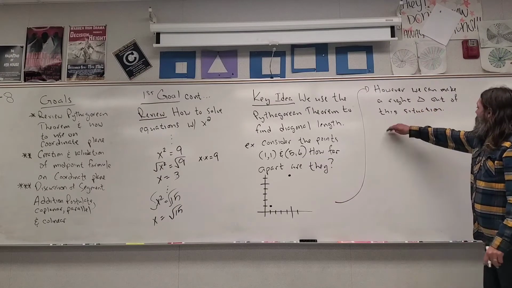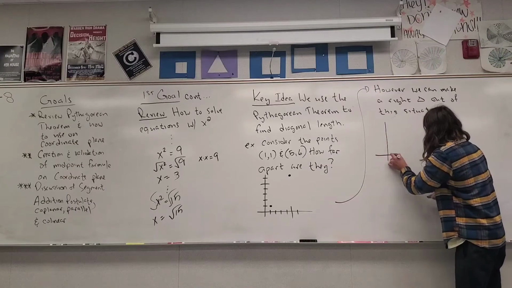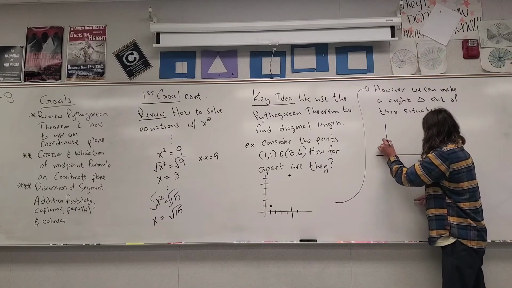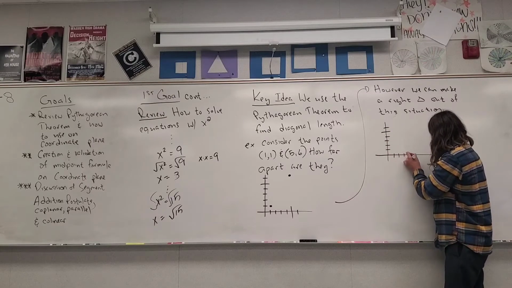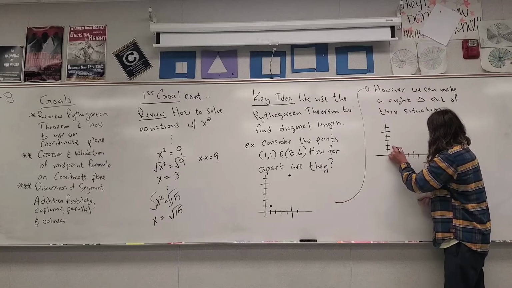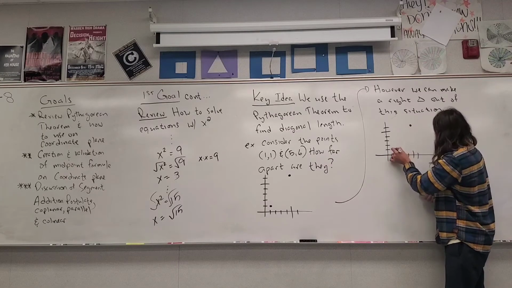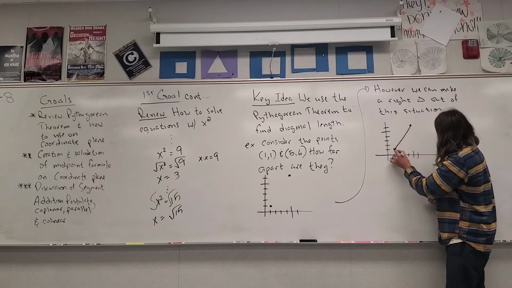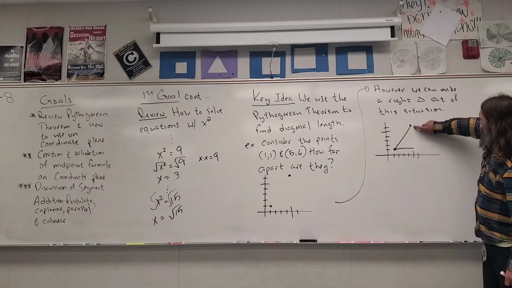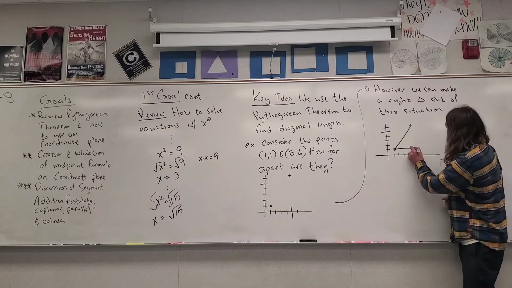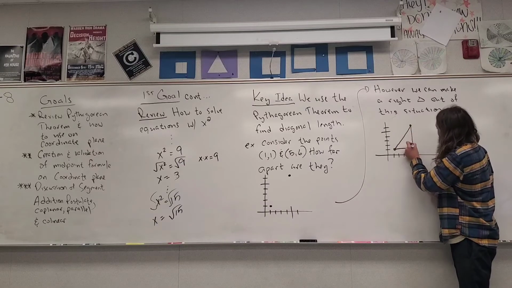Let me redraw this again. So there's my (1, 1). There's my (5, 6). I'm going to connect these. I'm going to draw a line straight over until it's underneath that point, and I'm going to draw a line straight up.